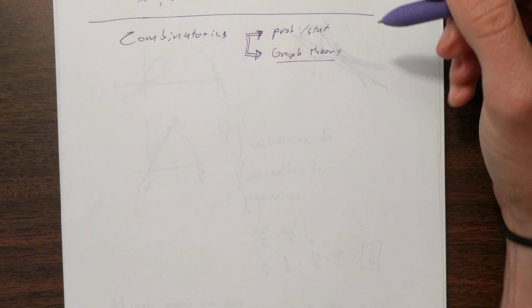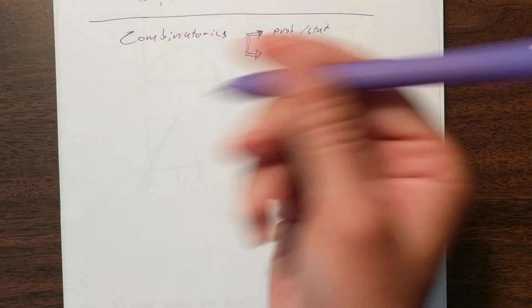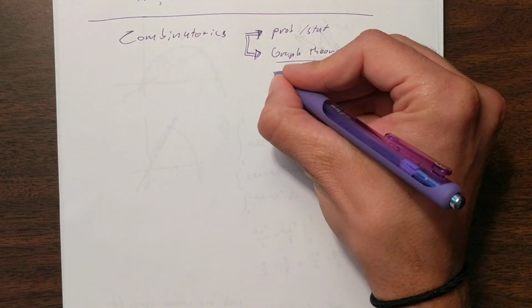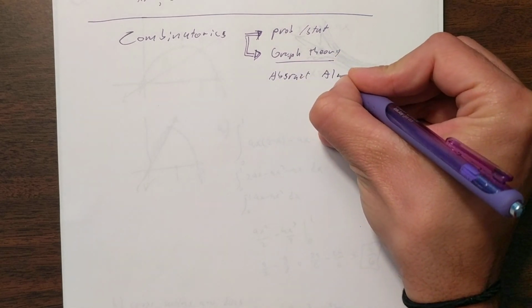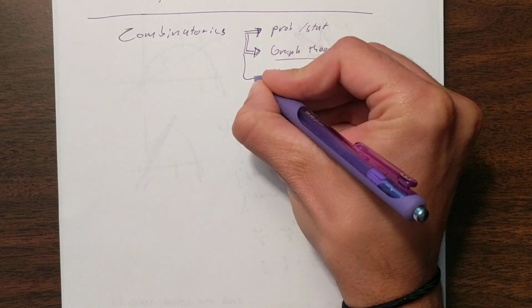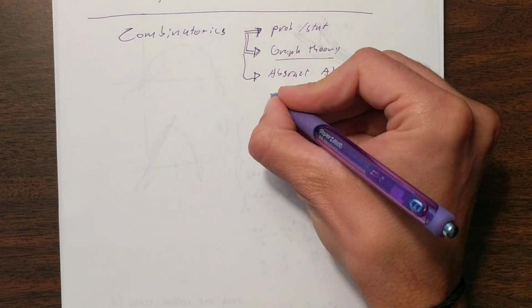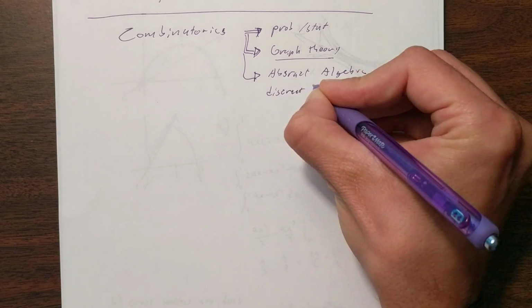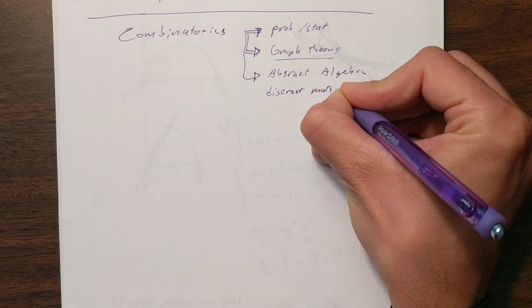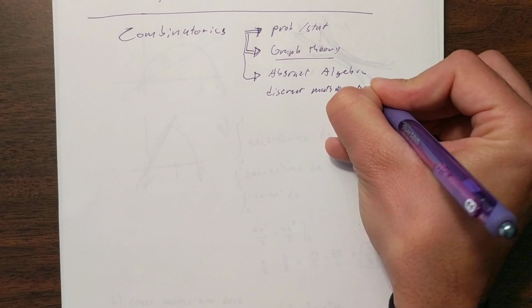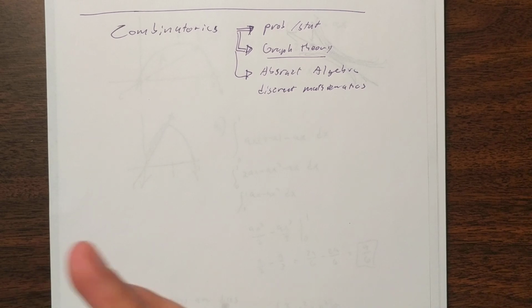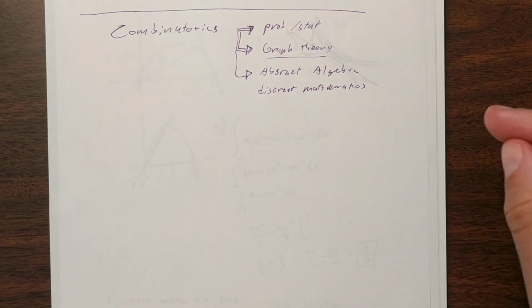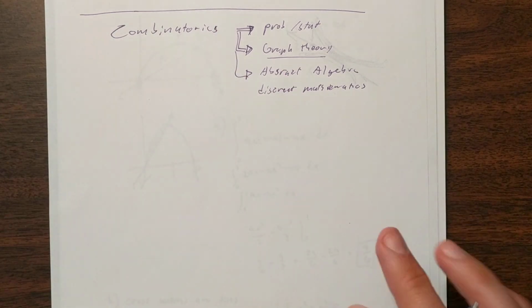So graph theory and probability and statistics are big contributors to combinatorics, although you can actually say it also involves abstract algebra and also discrete mathematics. Discrete basically meaning we're working mostly with integers, not decimals, and not on a continuous number line, but on the integer number line. So 1, 2, 3, that sort of thing.